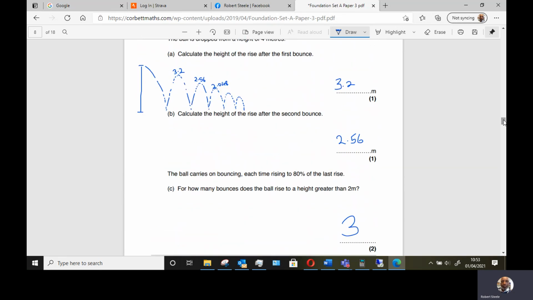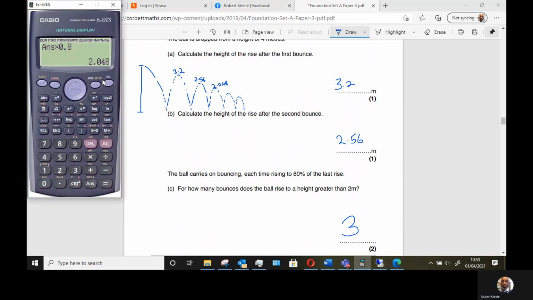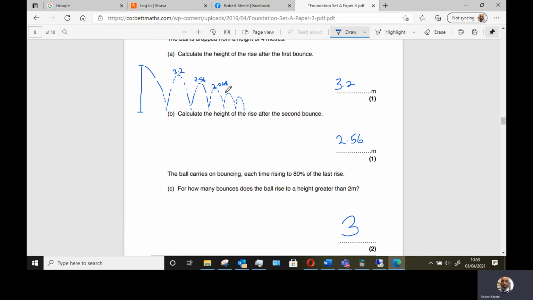And if you want to put that to the test, times 0.8, and to 2 decimal places, we got 1.64.